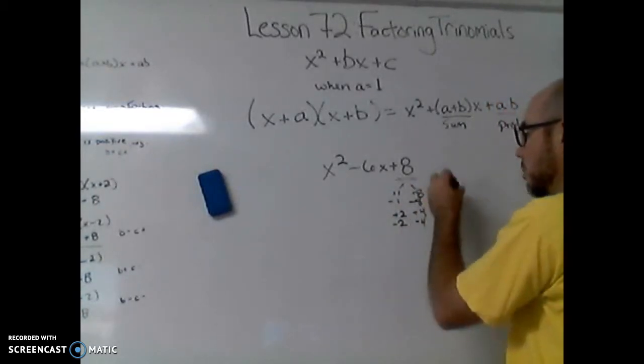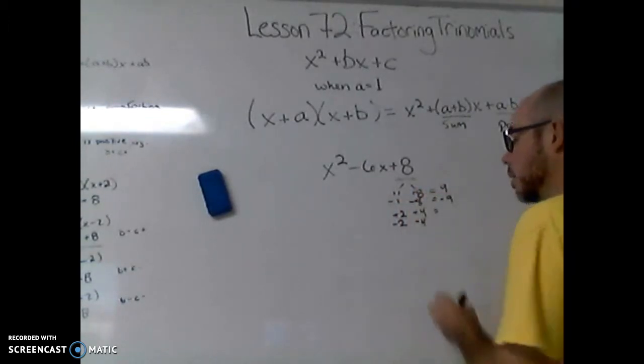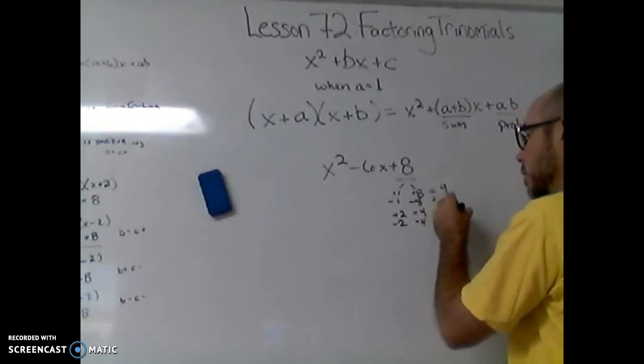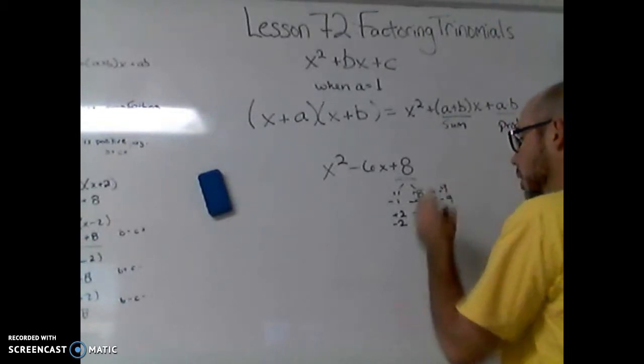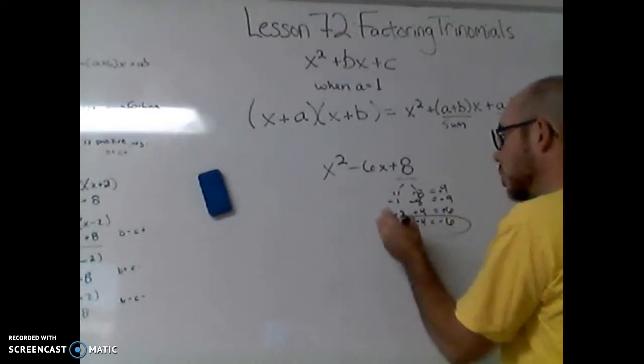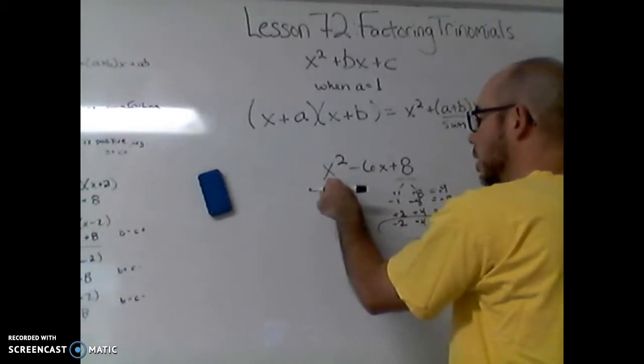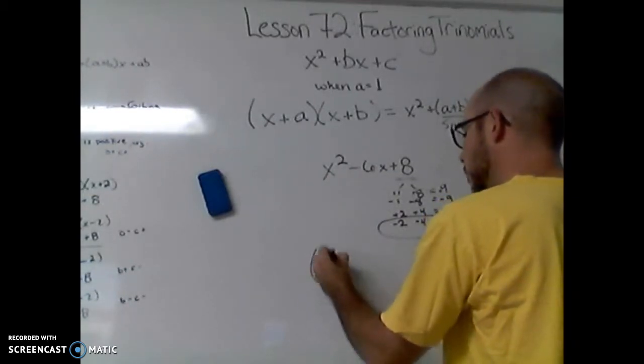So again, 1 and 8 makes 9, negative 1 and negative 8 makes negative 9, positive 2 and positive 4 is a positive 6, and a negative 2 and a negative 4 is a negative 6. So there's our winner right there. For this case, we can rewrite this trinomial in factored form.